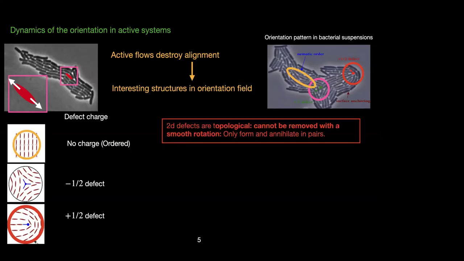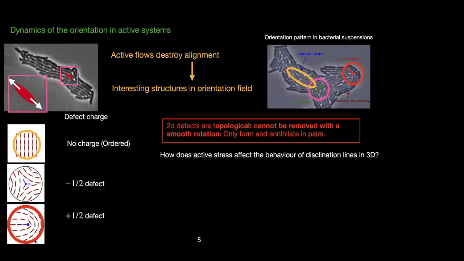And a very important concept here is that each defect cannot be formed or annihilated by itself. You always need to have two of them to see defect formation and annihilation. And so these defects are called topological.